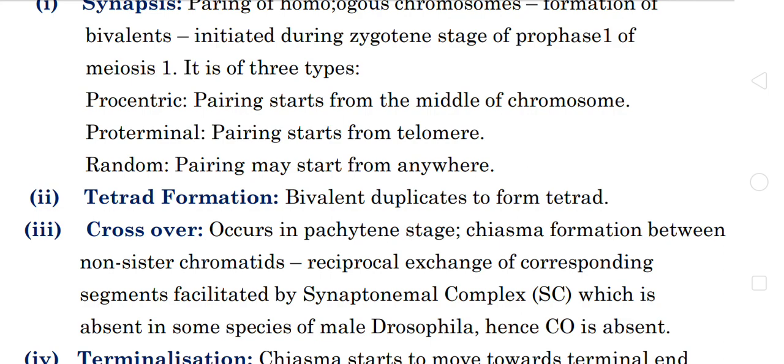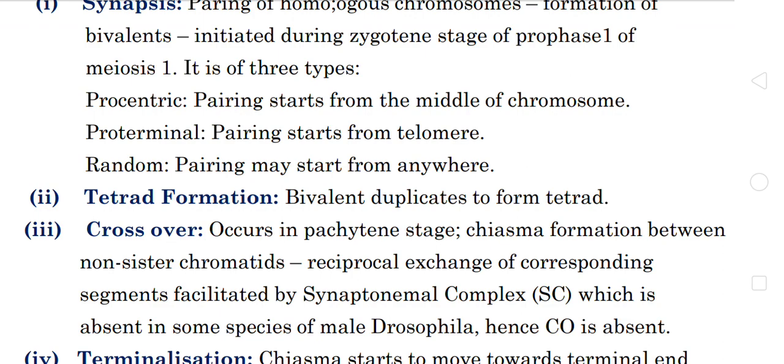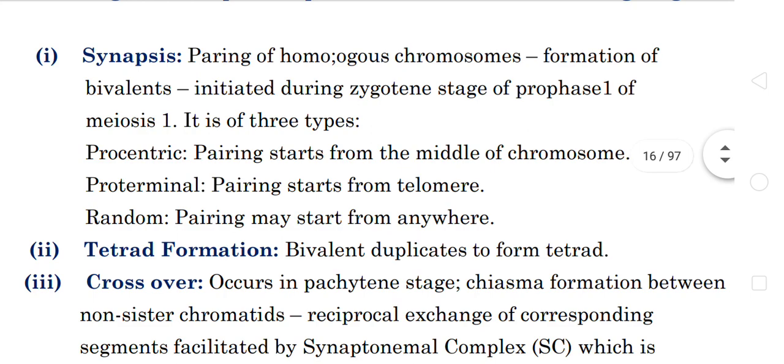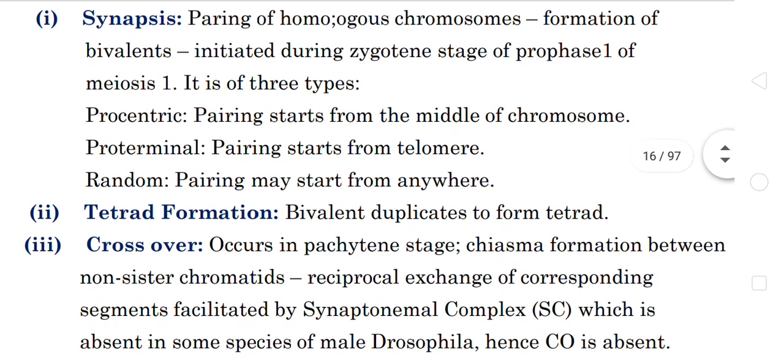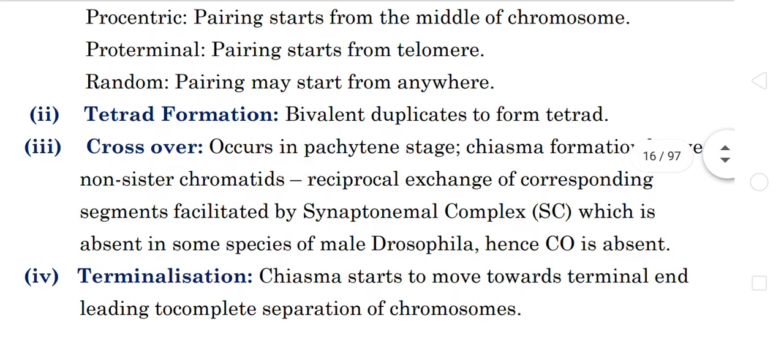Random means occurring anywhere, so pairing at any place is called random. So these are the 3 types of synapsis. Again I am recalling, pairing of homologous chromosomes forms the bivalent structure during the zygotene phase of prophase 1 in meiosis 1. It is divided into 3 types: procentric, pro-terminal and random.